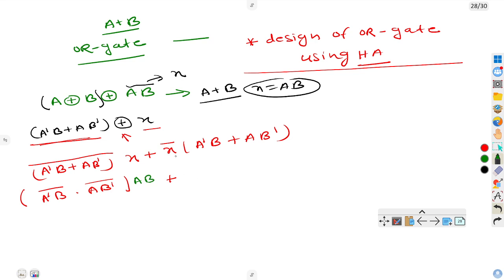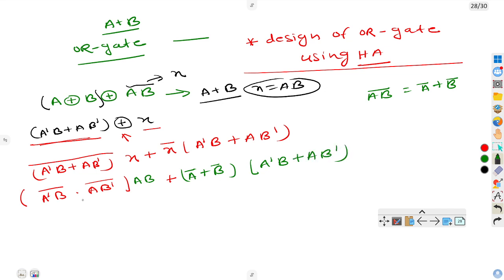X is AB, so if you break AB whole bar with the help of De Morgan, you can write A bar plus B bar, times A bar into B plus A into B bar.